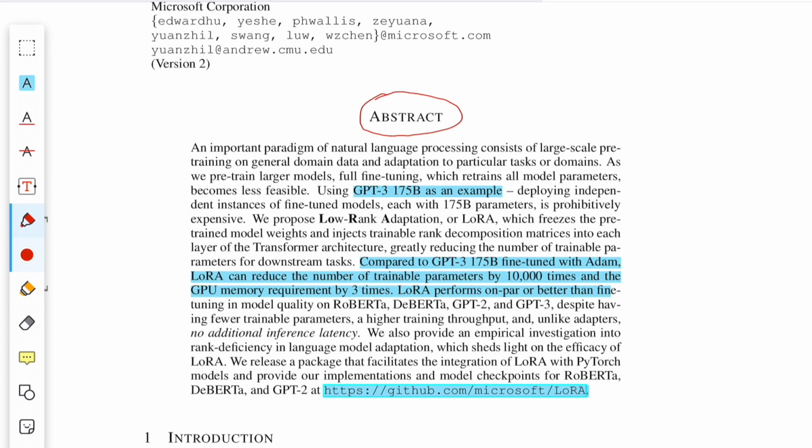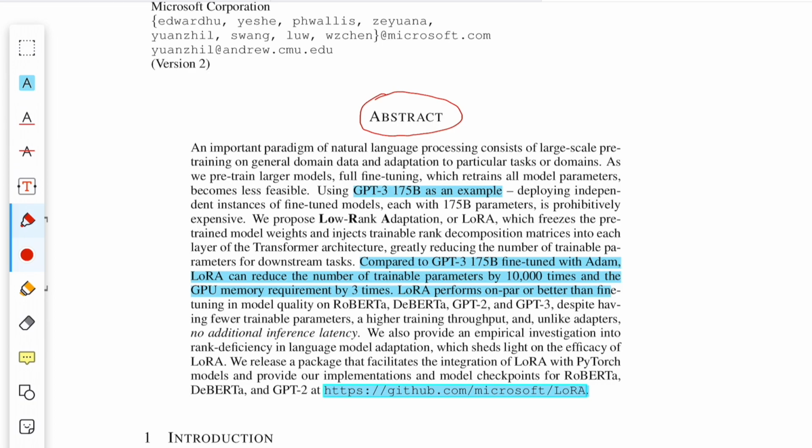Not only large language models, for any other deep learning model we can use the LoRA method. We can use the algorithm. So let's see how LoRA solves the problem.